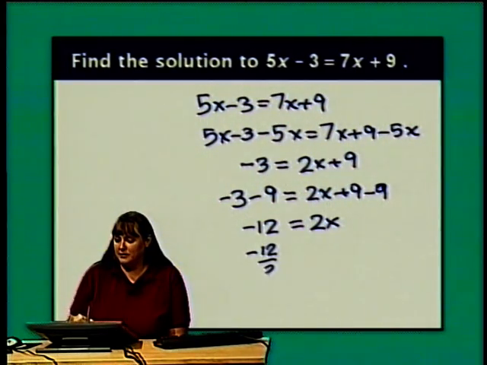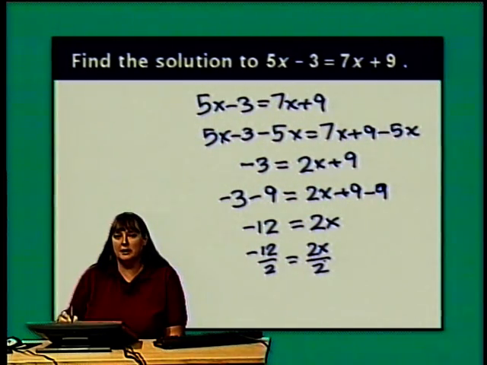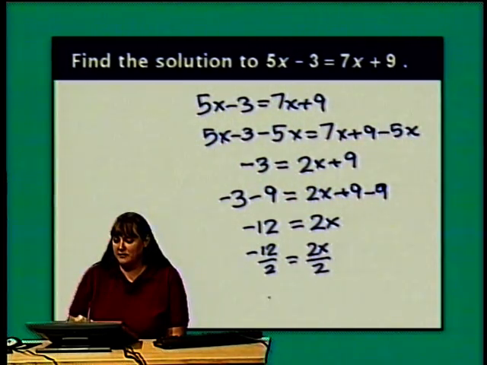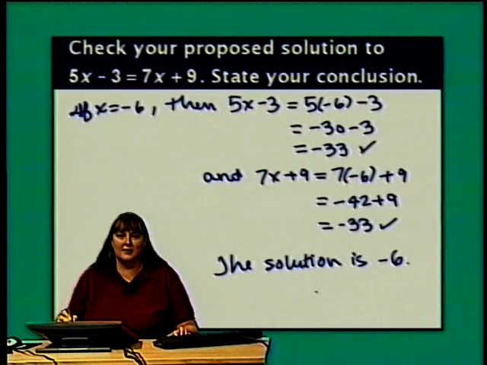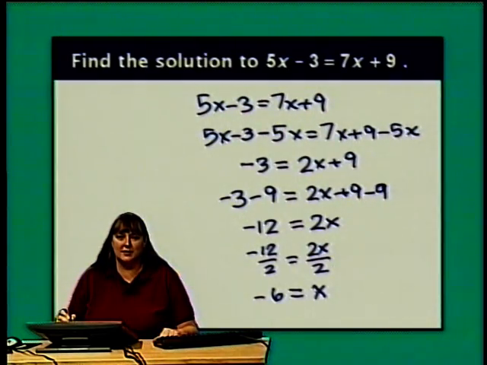So negative 12 divided by 2 equals 2x divided by 2. Negative 12 divided by 2 is negative 6. 2x divided by 2 is x. So we get the equation negative 6 equals x, which is the same as saying x equals negative 6. Either way, the solution is negative 6.